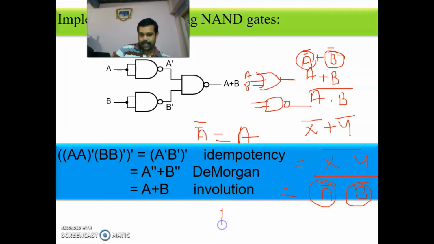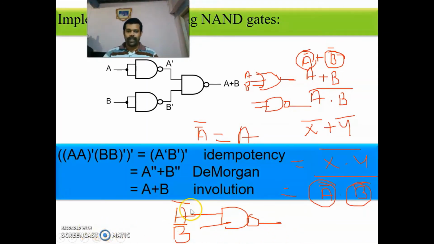That is, you are having a NAND gate, and here you are putting A bar and here B bar. So if you invert the inputs and give them to a NAND gate, then we can implement OR gate by using NAND gate.